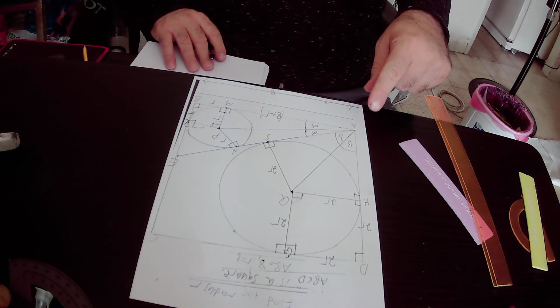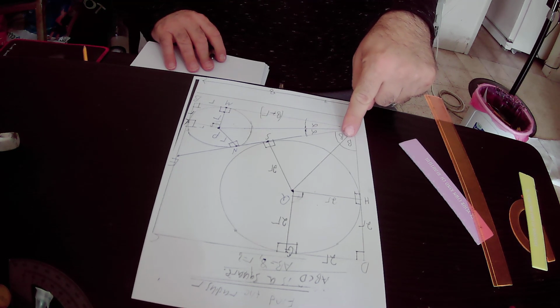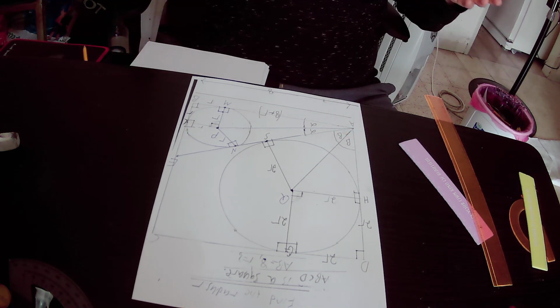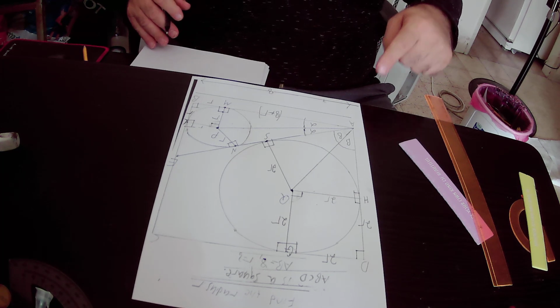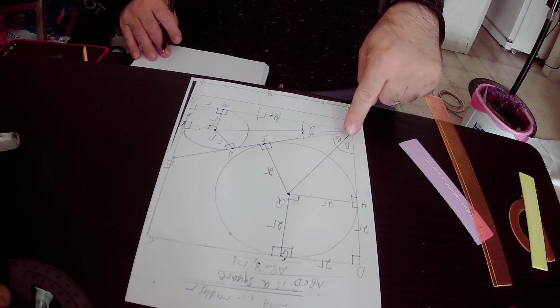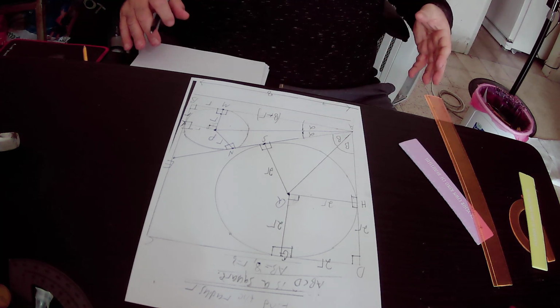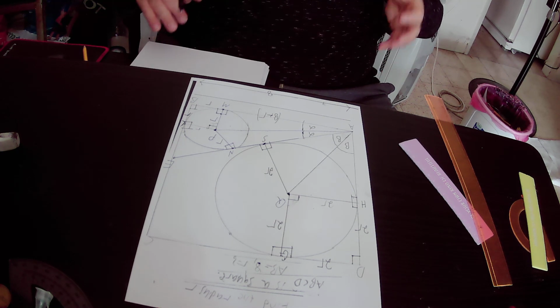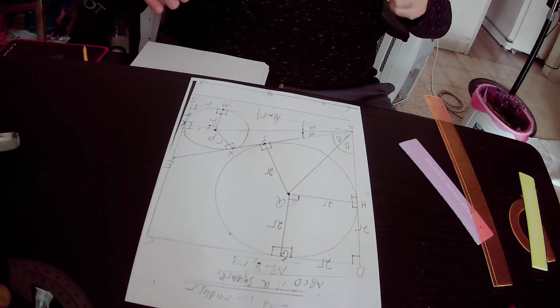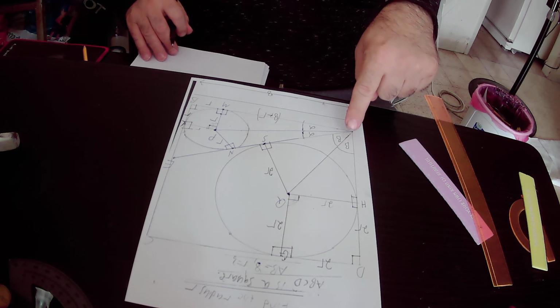So, what is the size of angle BAD? The size of this angle BAD is 90 degrees because all the angles of a square are right angles, equal to 90 degrees. This is one of the square's angles, therefore it equals 90 degrees.